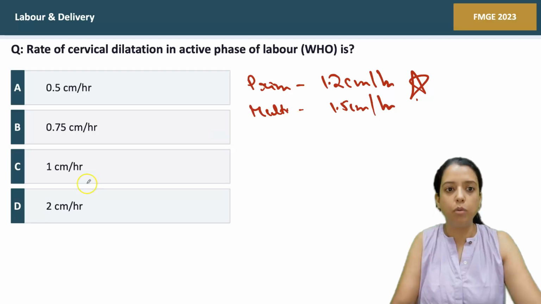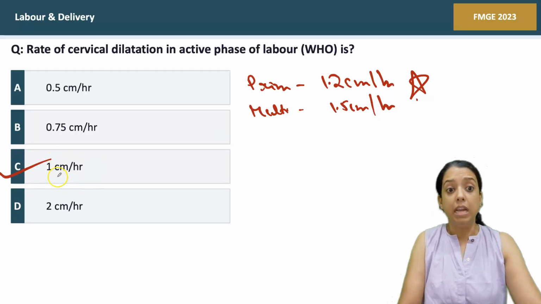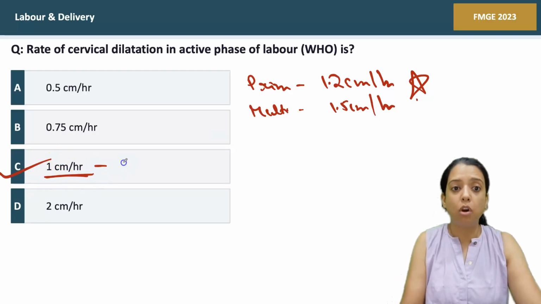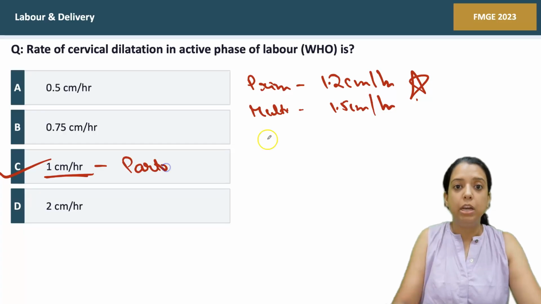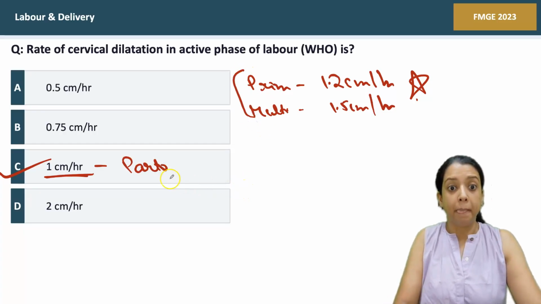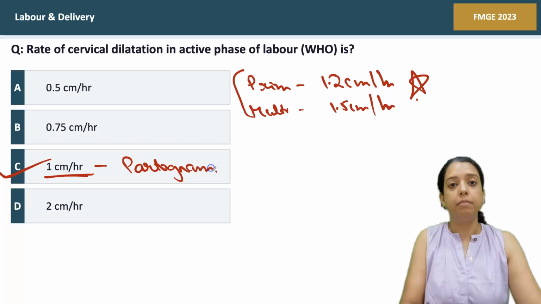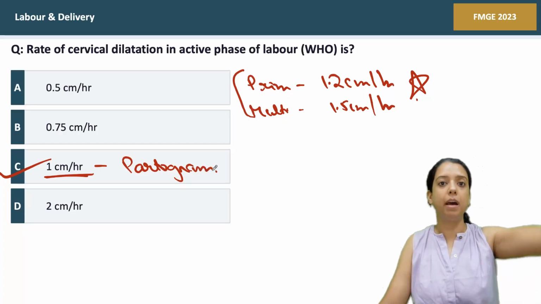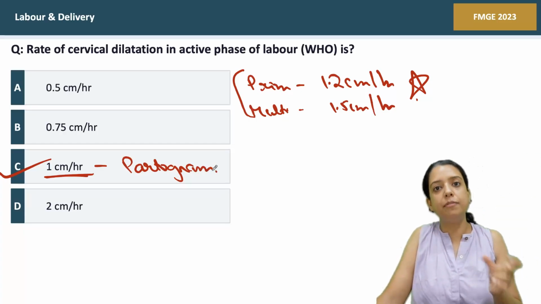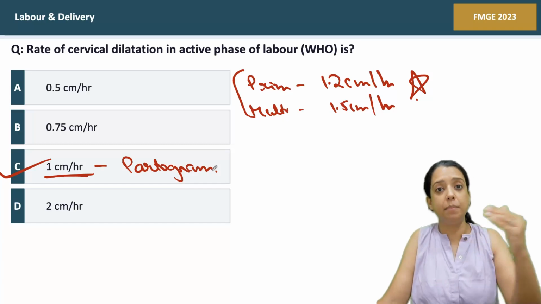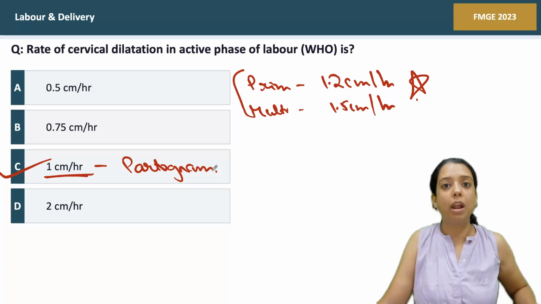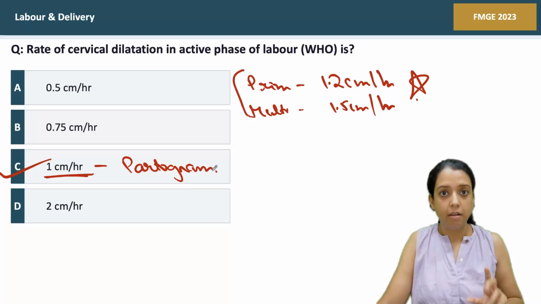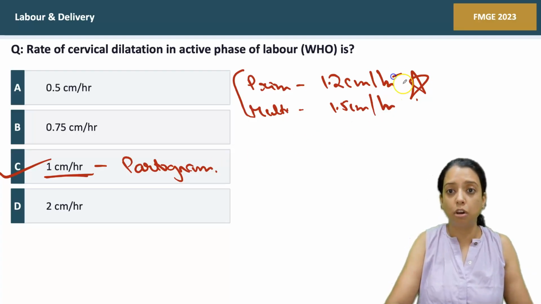That comes something around it, 1 centimeter. It looks more accurate because according to the partogram, now this is a theoretical definition. When you plot on a partogram, the rate should be 1 centimeter per hour. The partogram is specifically made for 1 centimeter per hour. So for the partogram, normal is 1 centimeter per hour. But if you ask theoretically, this is normal.